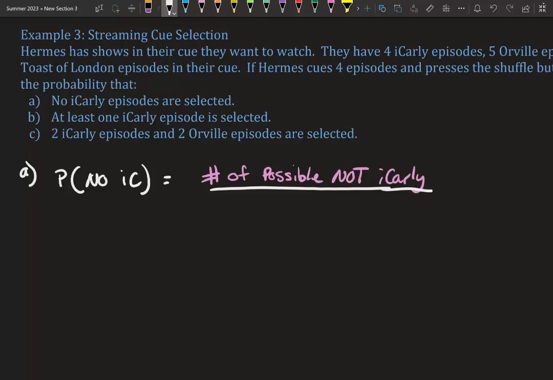Number of possible not iCarly episodes. And then your bottom is the total. So we're talking about episodes. So that's number of all possible episodes. Possible means combinations. Let me just change that word to combinations. That's the word I've been using.